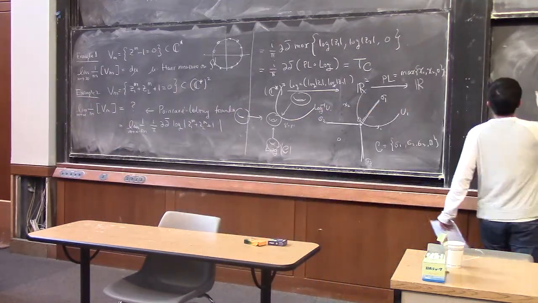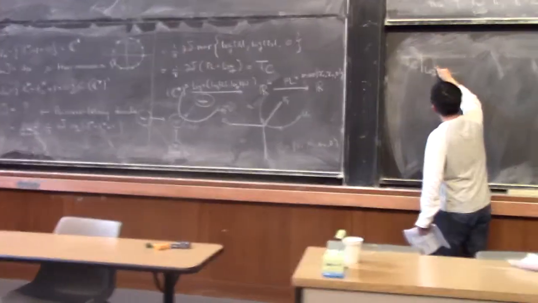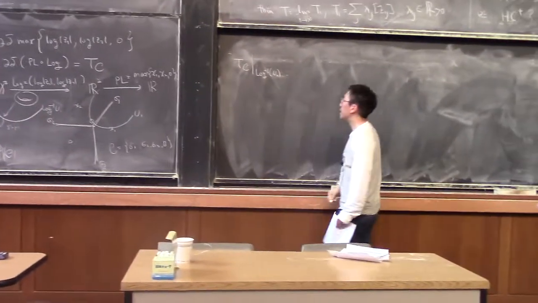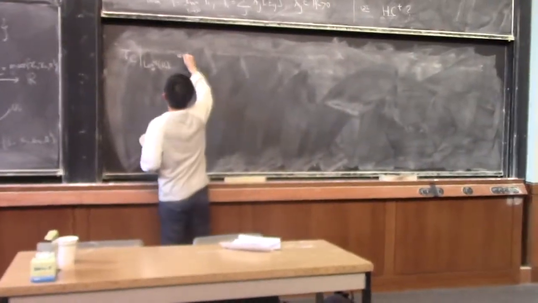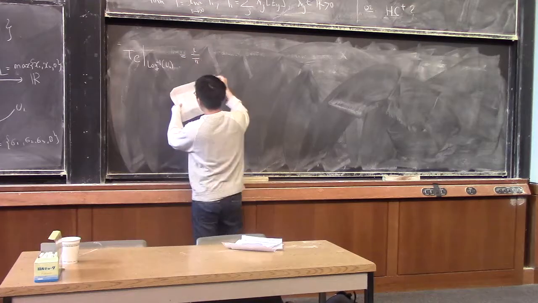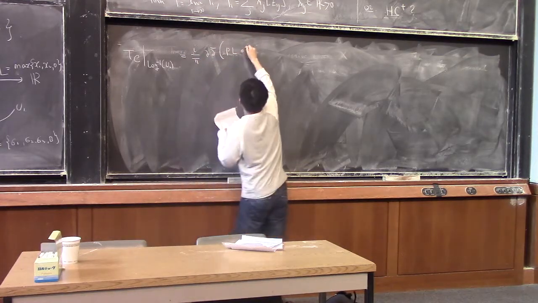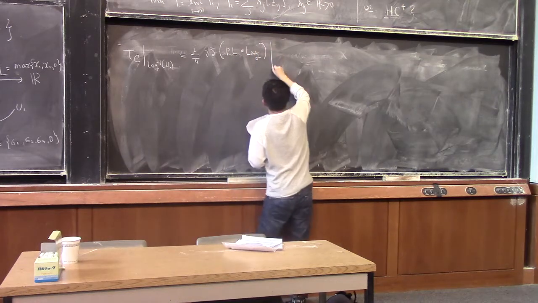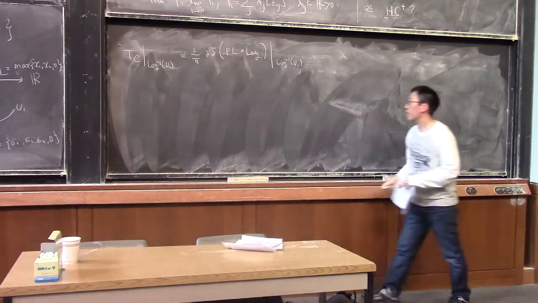So what is simpler? So I have my current, and if I restrict my attention to that open piece, log inverse of U1, then of course, as before, I could write it as derivative of certain piecewise linear function composed with log, restricted to log inverse U1. I haven't done anything yet.